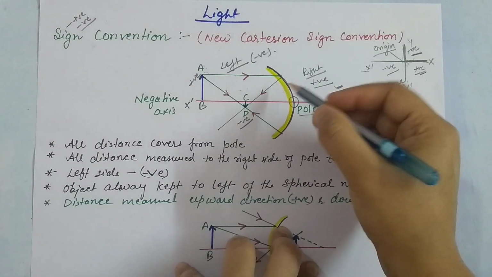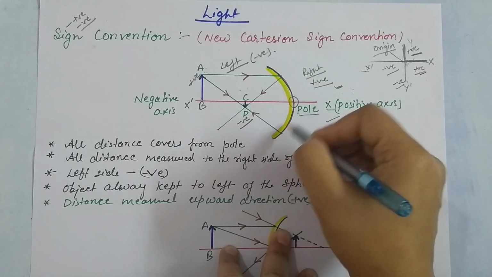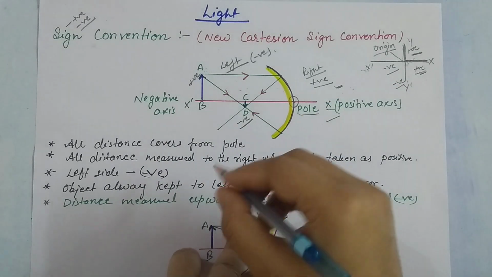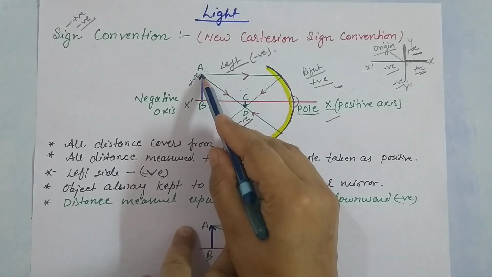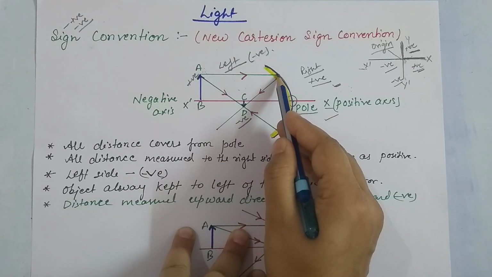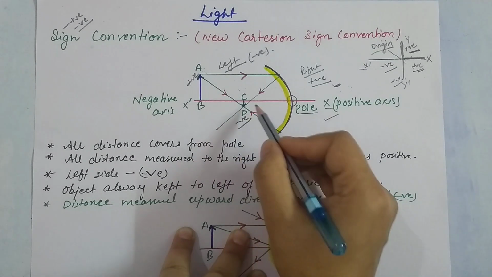See, this is the concave mirror. Let's see how in the concave mirror we consider the object distance and the image distance. The light is incident on the concave mirror and reflects to the focus.